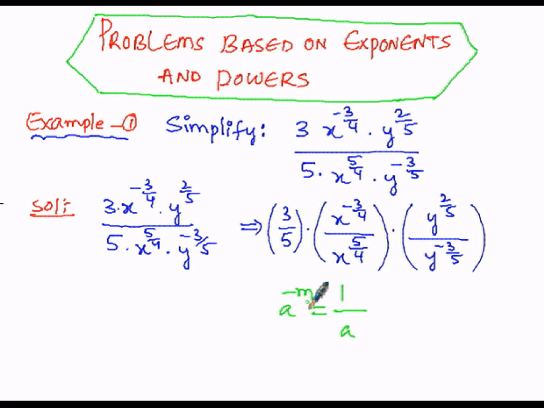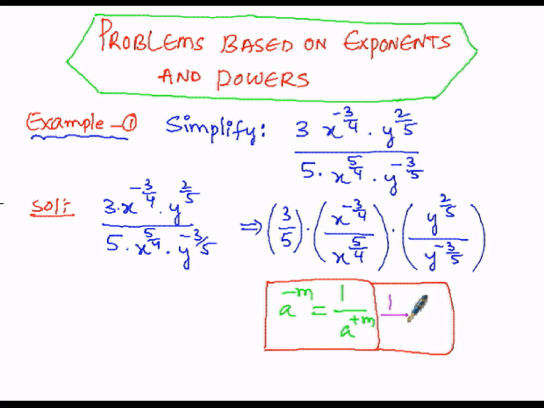Along with this, I am going to utilize one more identity, that is in case 1 by a to the power of minus m is there, then a to the power of minus m is in the denominator, and when it comes over to the numerator it becomes a to the power of plus m. I am utilizing this identity a power minus m in this place.